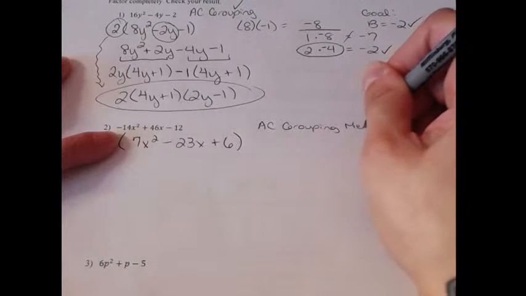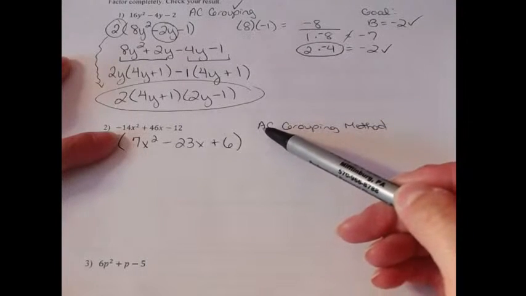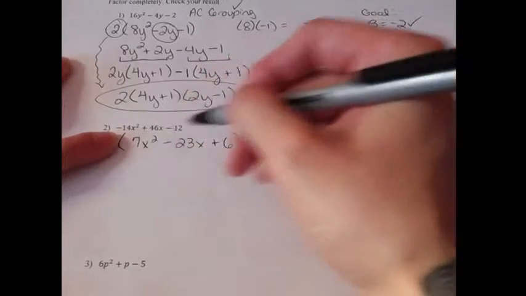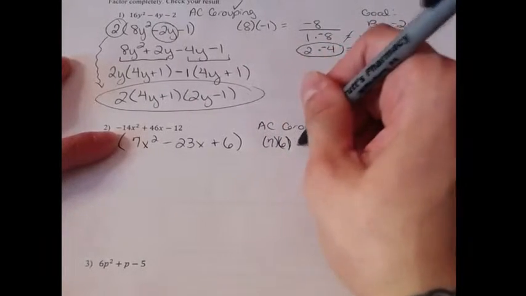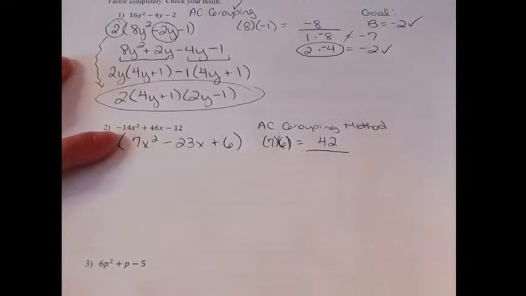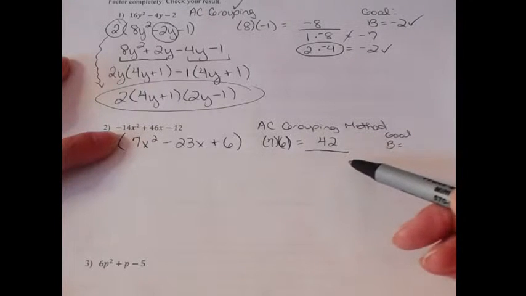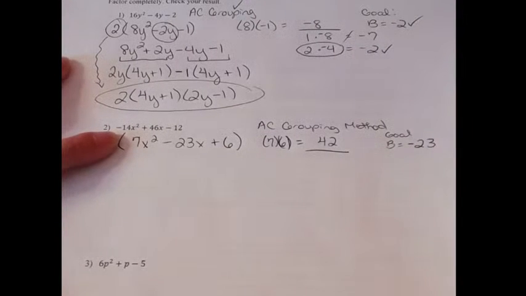Let the name tell you the steps you're supposed to take. So we start off by multiplying A times C, 7 times 6, which is equal to a positive 42. My goal is to find the combination of my factors to give me my B term, which is negative 23.